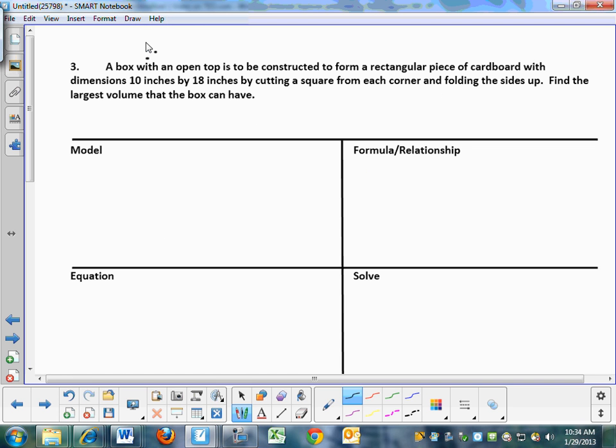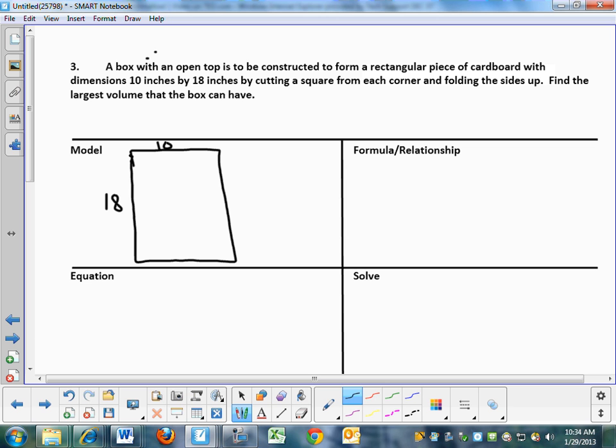All right, a box with an open top is to be constructed from a rectangular piece of cardboard with dimensions 10 inches by 18 by cutting a square from each corner and folding the sides up. Find the largest volume the box can have. I've got a piece of cardboard. What does a cardboard currently measure? 18, 10.